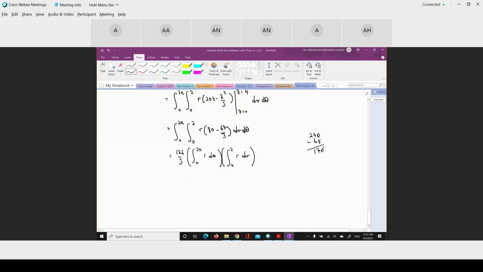I leave it to you to show that this integral is equal to 704 pi over 3. So that is the mass.